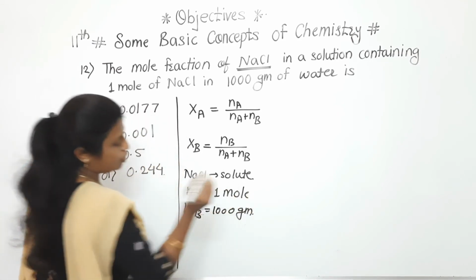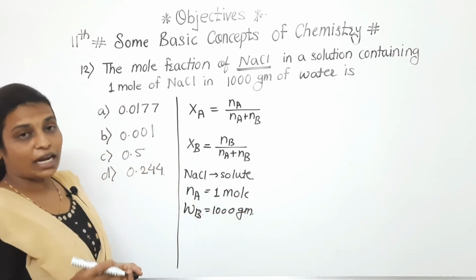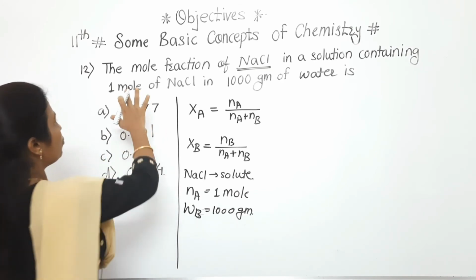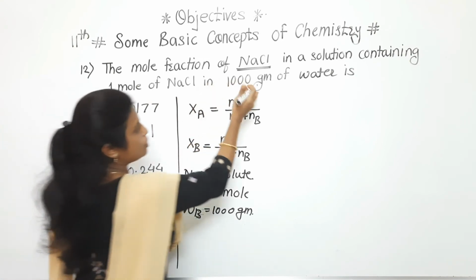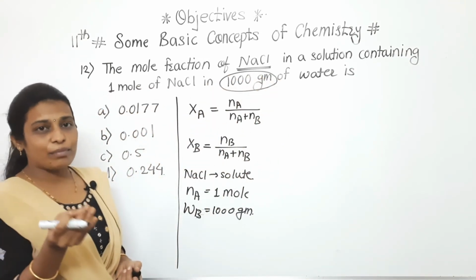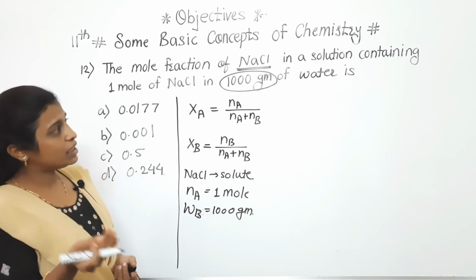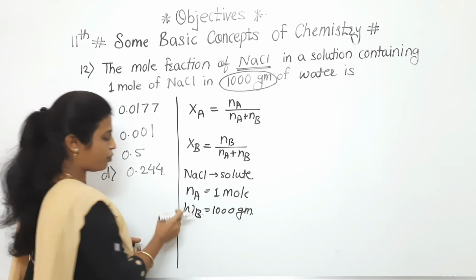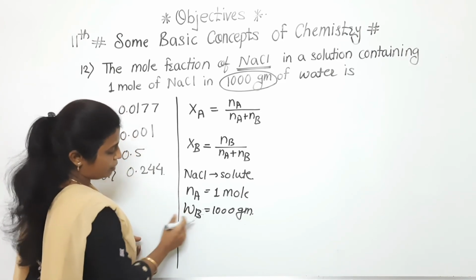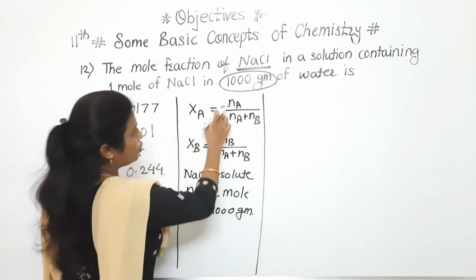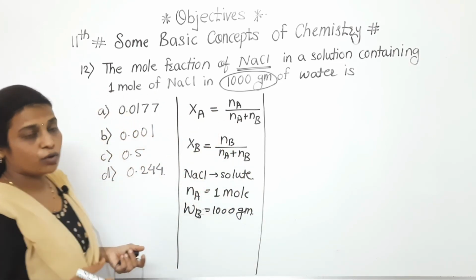You will ask, ma'am, how do we find that? Listen carefully. When 1 mole of NaCl is dissolved in 1000 gram of water, the gram is the mass of water. So the mass of water is given, and that's why we have written Wb, because water is the solvent.